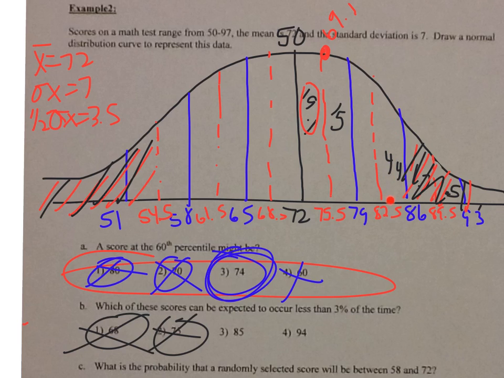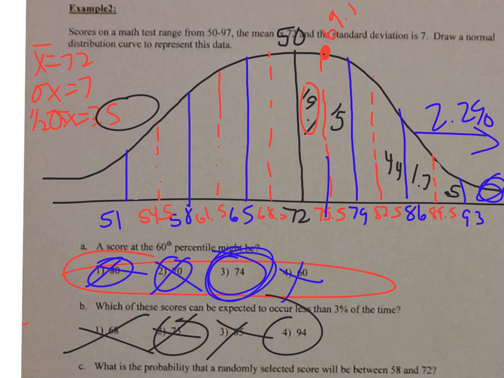That's not happening less than 3% of the time. So what about 94? All right, so let's see what 94 is. 94 is over here someplace. That's less than 3% of the time. Because from here over, that's 2.2% of the time. So it has to be 94 since it's over in here.